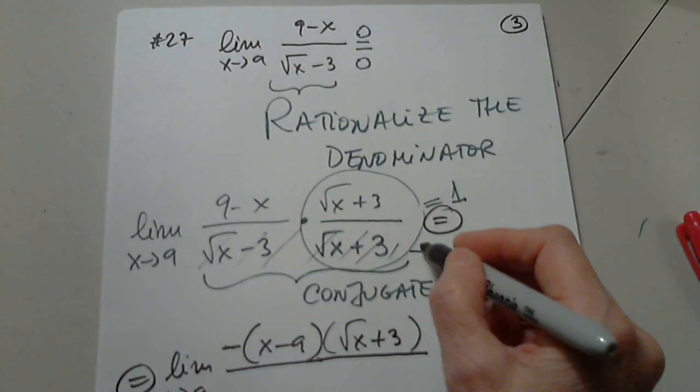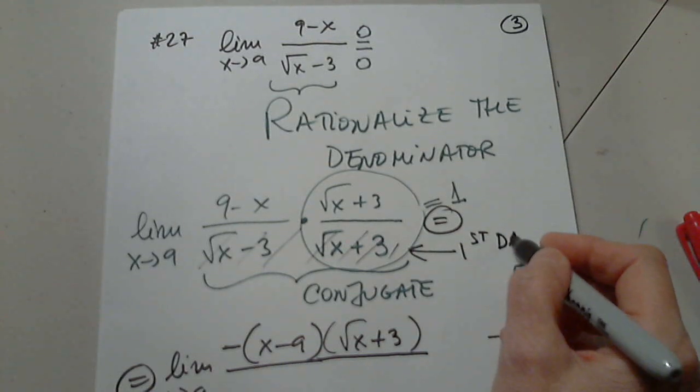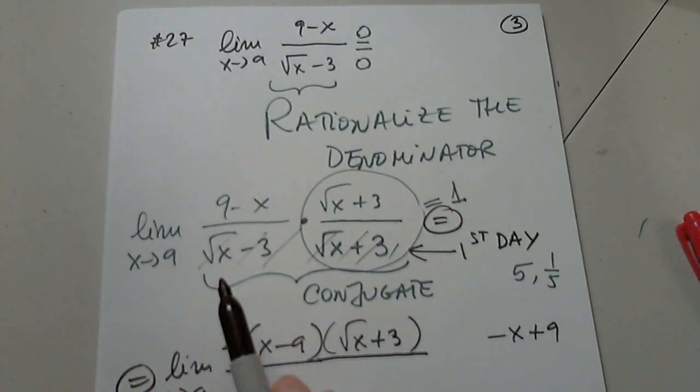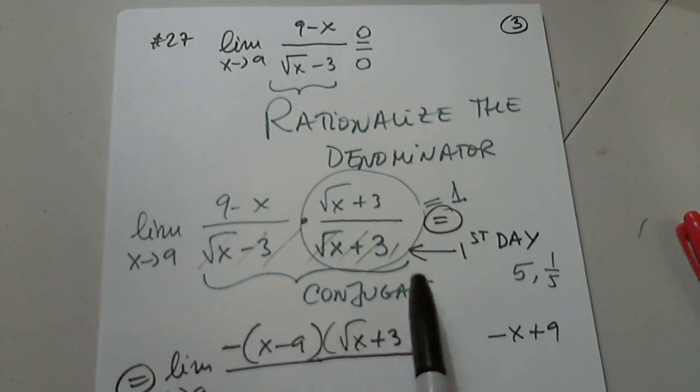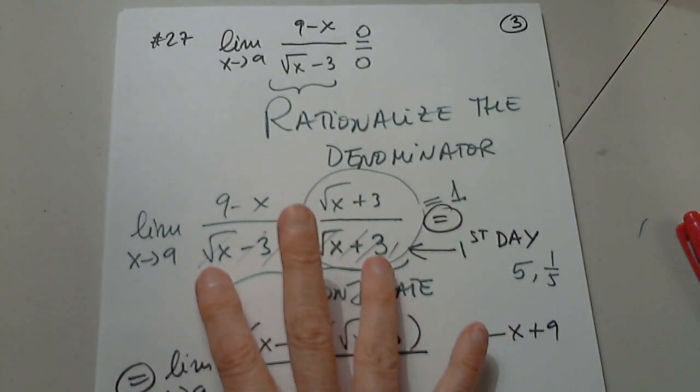And we did this on the first day. How do we multiply a minus b times a plus b? And what do we get? Anyone? We did this on the first day of classes.